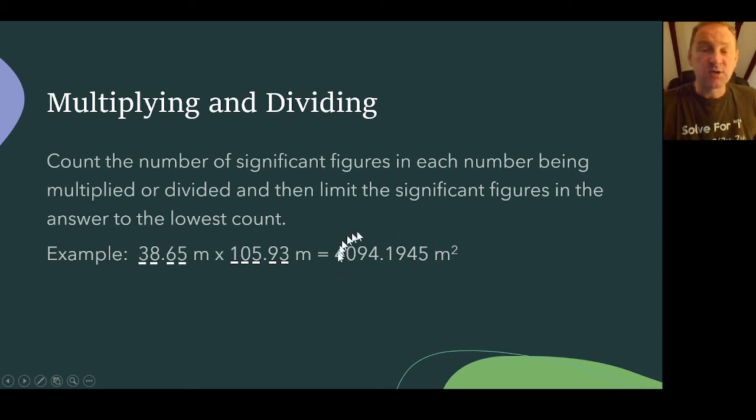This is much too precise of an answer for what was actually measured. We cannot answer with more precision than we actually measured in lab. So to answer this with 4 significant figures, 1, 2, 3, 4, we just go with 4 and we stop.